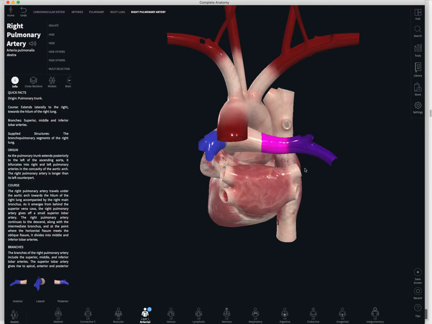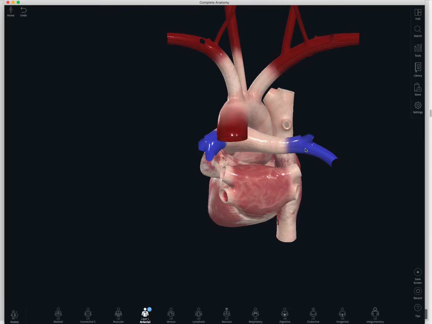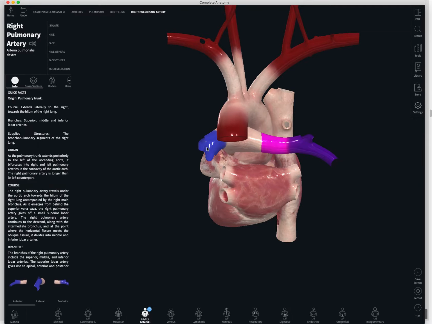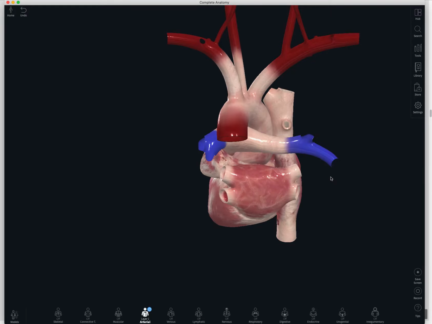These are your two right pulmonary veins, and these are your two left pulmonary veins. These ones depicted in blue, as we'll see soon, even though they're blue, are actually arteries. That's because arteries, by definition, pump blood away from the heart, whereas veins return blood to the heart.